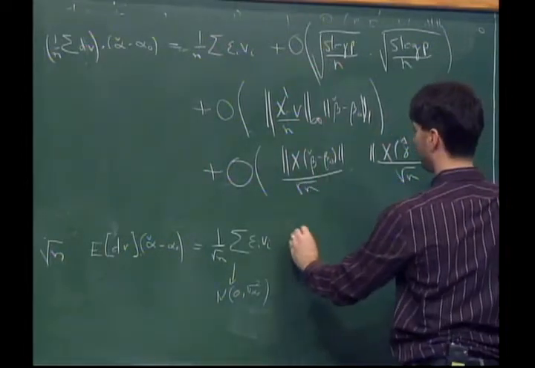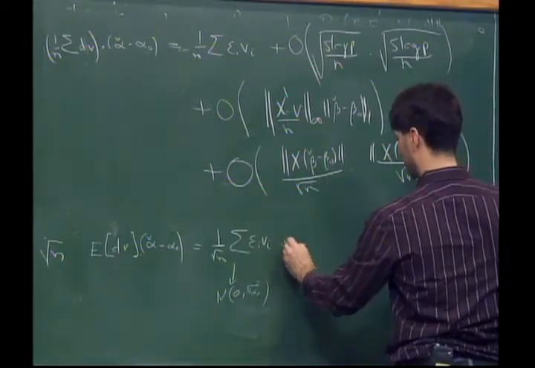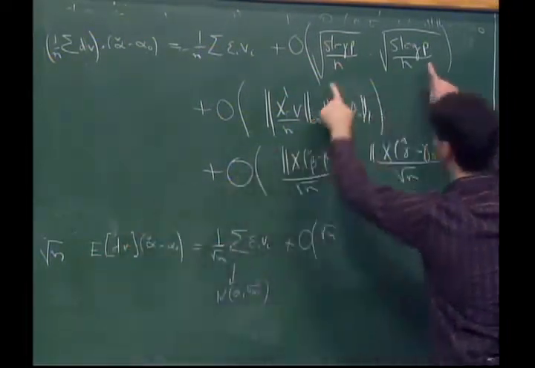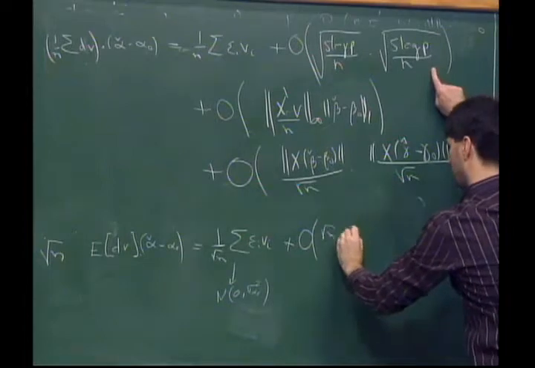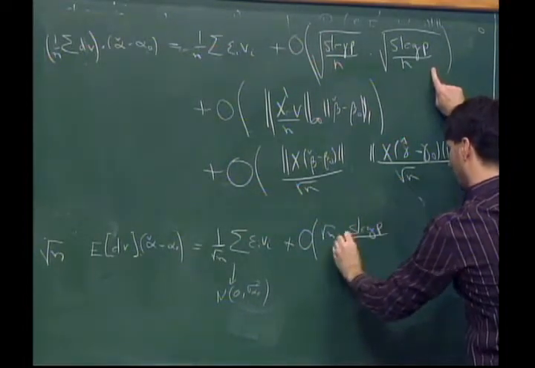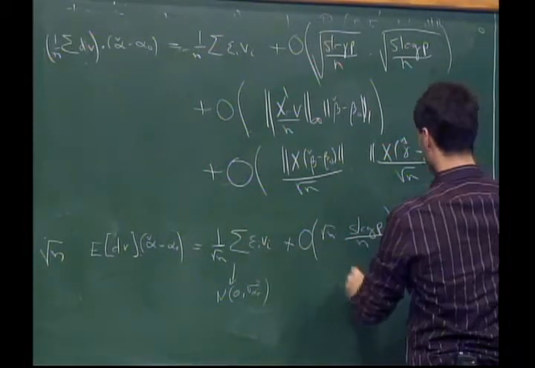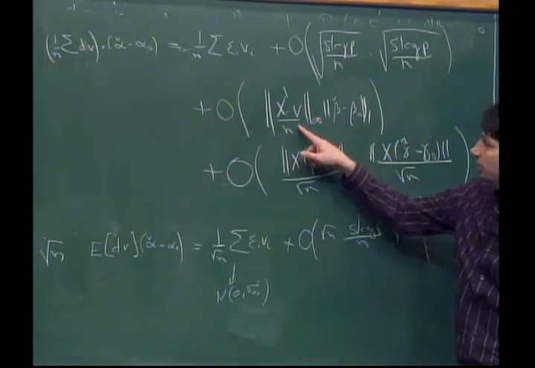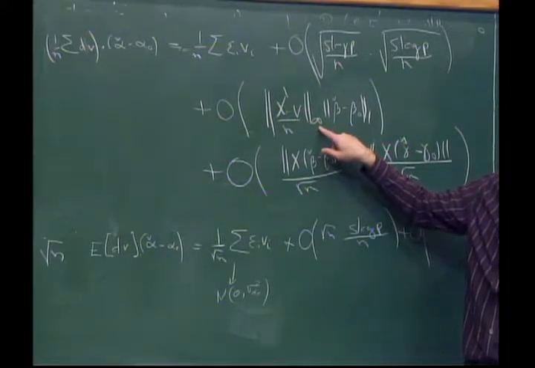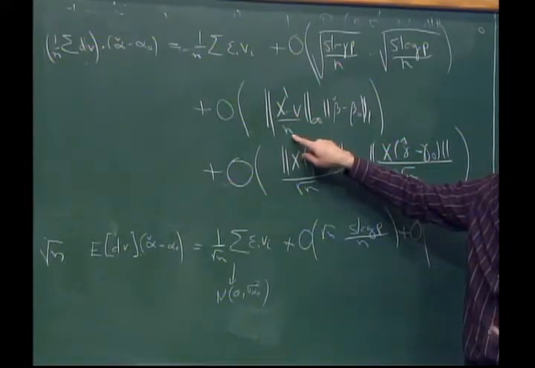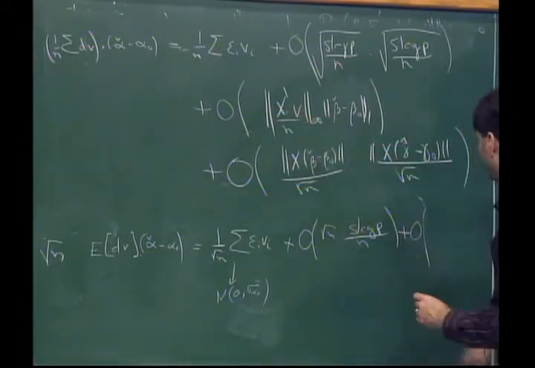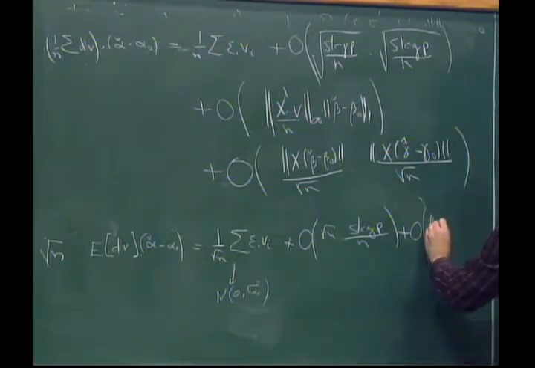Now, the first term is of order square root n, because I'm hitting with square root n, times this product, which is s log p over n. The second term, this maximum norm of x transpose v over n, that's essentially the penalty term we need to bound. So this piece is square root log p over n.